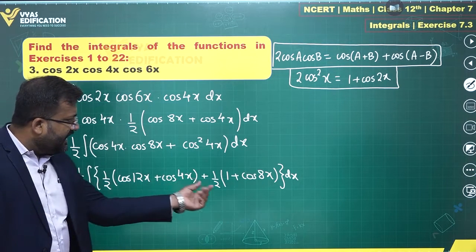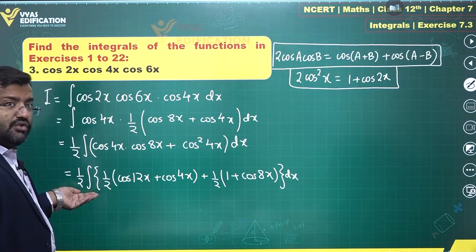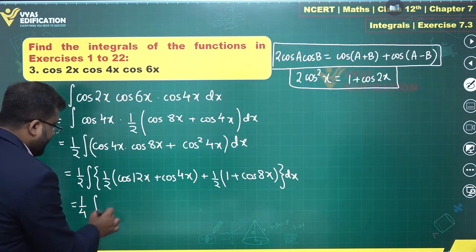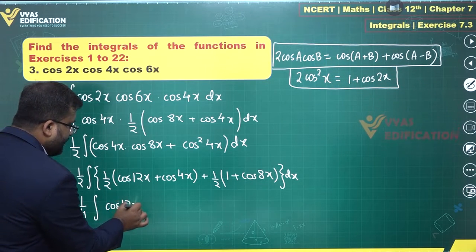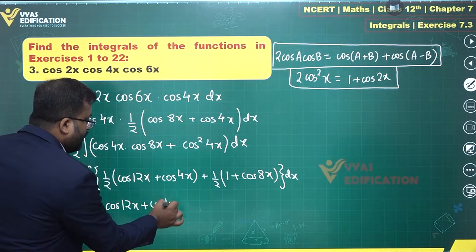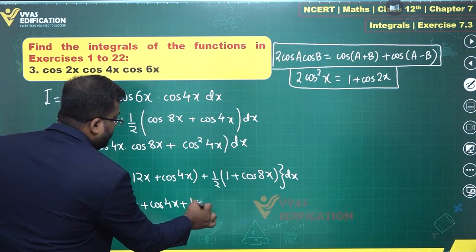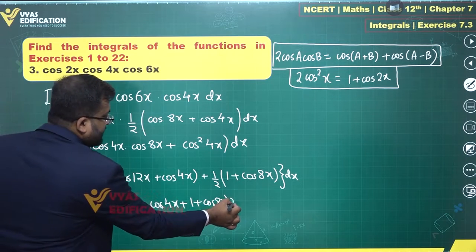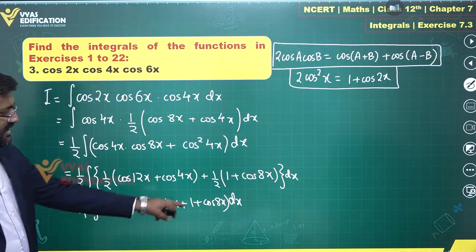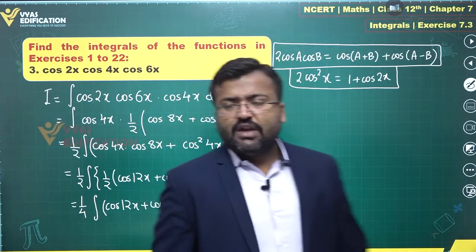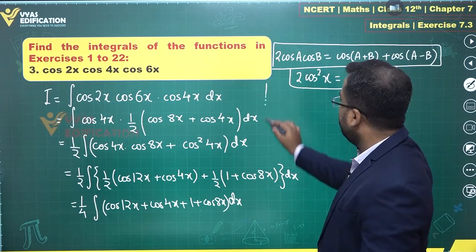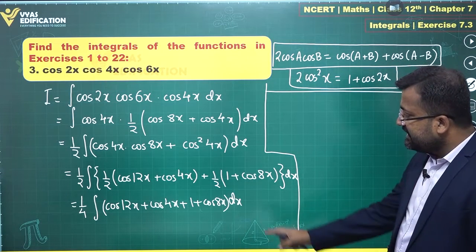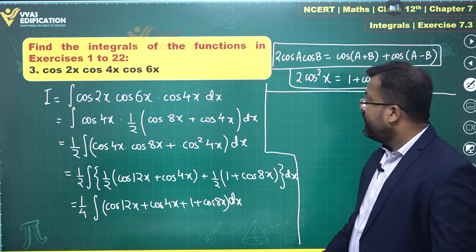So this half and half can be taken out common from these two terms, and we'll have a 1 by 4 outside. Inside the integral we have cos 12x plus cos 4x plus 1 plus cos 8x. Okay, that's a complete expression in the bracket, and this is what we want to integrate now. This is in a form which is integrable. That was the first thing that we wanted, and we have reached this stage where we can integrate, right?